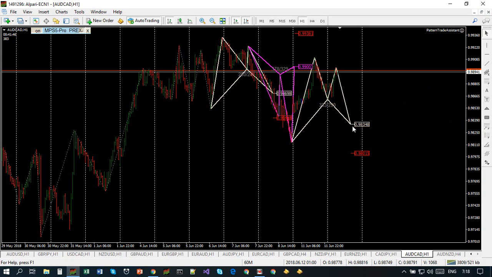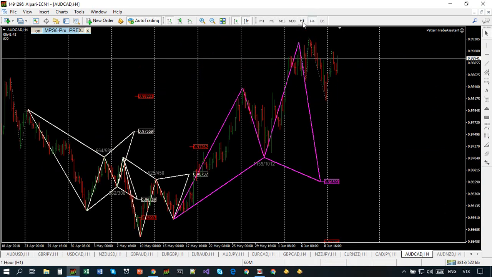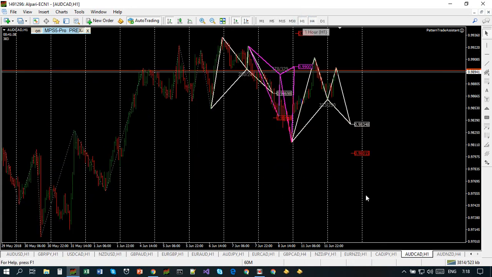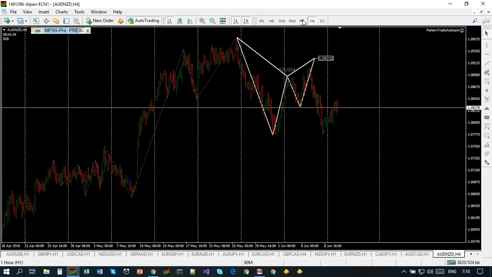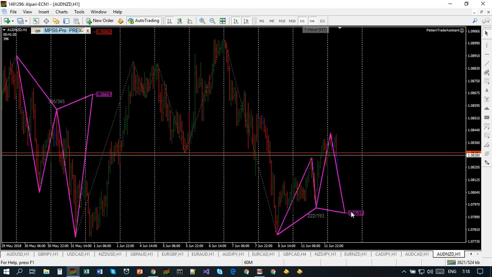So let me delete fibs. Aussie Canadian unified Gartley on 1 hour. The cipher was already invalidated on 4 hour. Okay, Aussie New Zealand invalidated pattern on 4 hour, and 1 hour a potential cipher pattern at 0.7950.